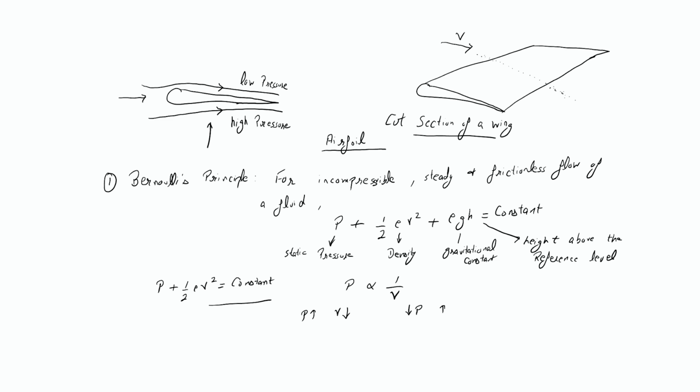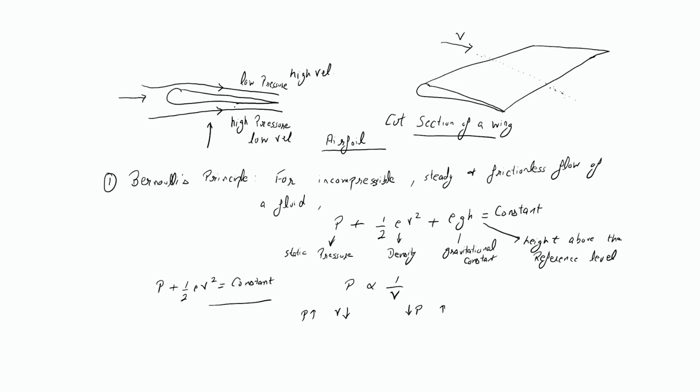Now please focus here on the figure. On the bottom surface we have high pressure, so we'll have a low velocity. And at the top we'll have low pressure and high velocity. Also note that the upper surface of the airfoil is curved and the bottom is a little bit flat.